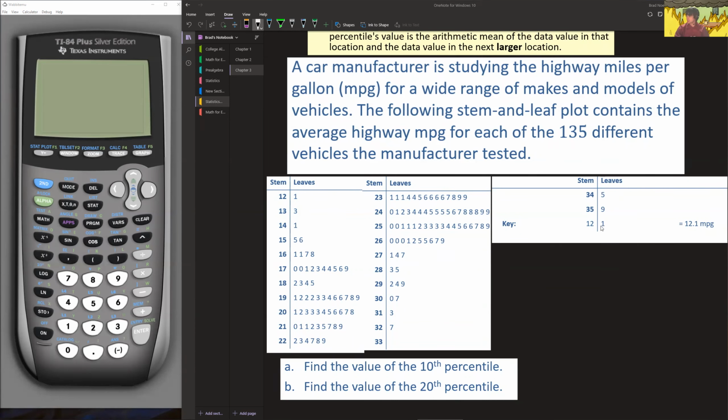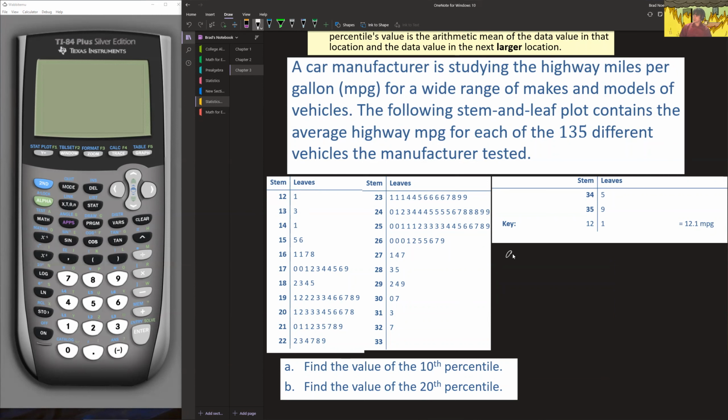The key is that 12 | 1 gives us 12.1. So that means this number on the left here is the whole number part, and the number on the right is the tenths place after that. Okay. Then this problem says A, find the 10th percentile, and B, find the 20th percentile.